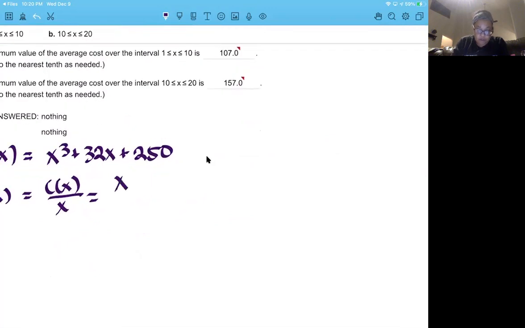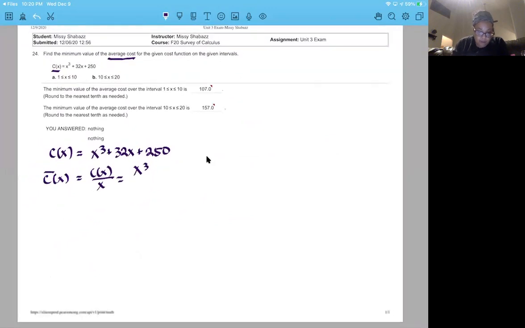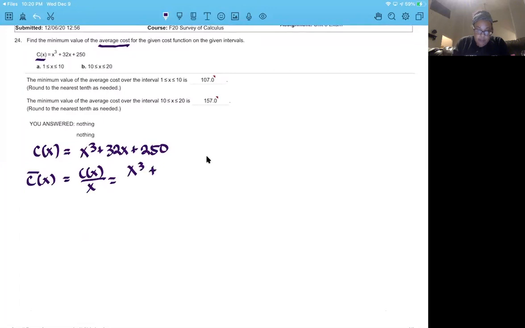So x cubed, did I write that function down right? Yes. Plus 32x plus 250 over x, which is x squared plus 32 plus 250 over x.